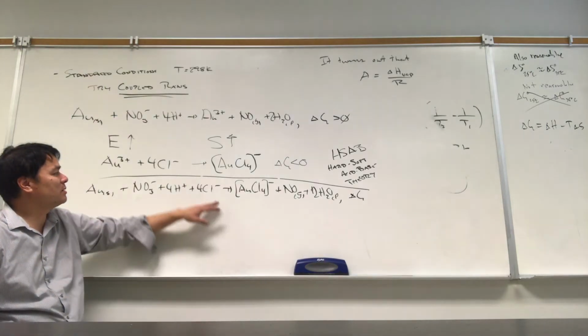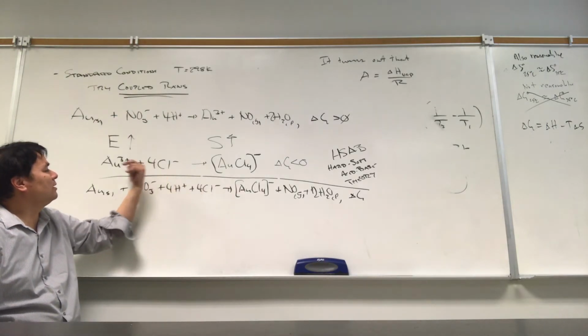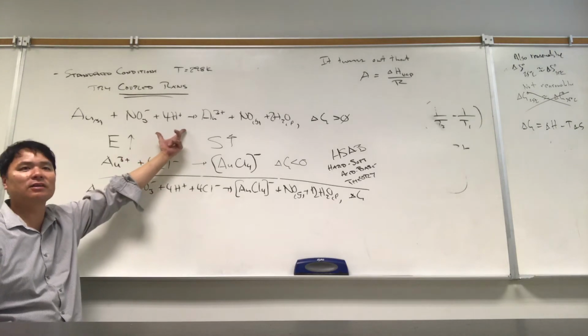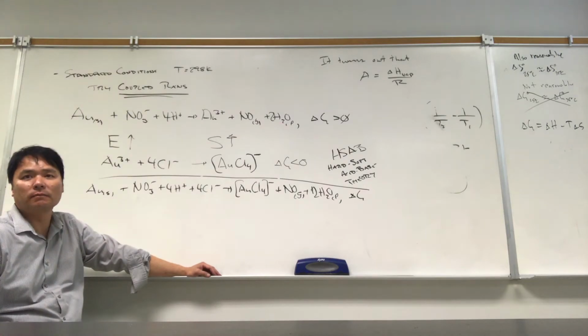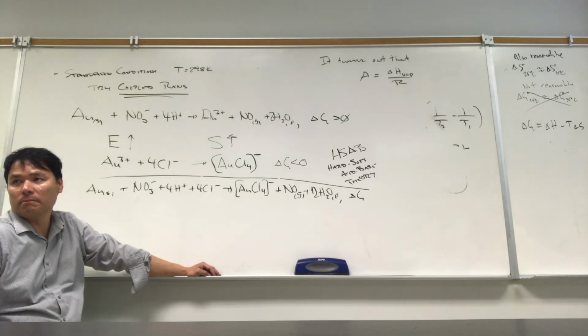But we might try to think of something that's even more reactive. Can you think of something that maybe is even more reactive than chloride? What else does gold 3 like? Tell me some of the chemical properties. What else can you do with gold 3? Reactive with.